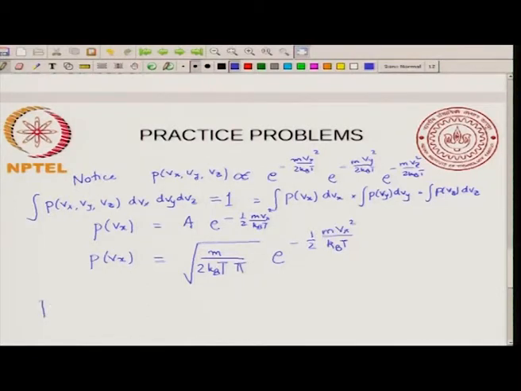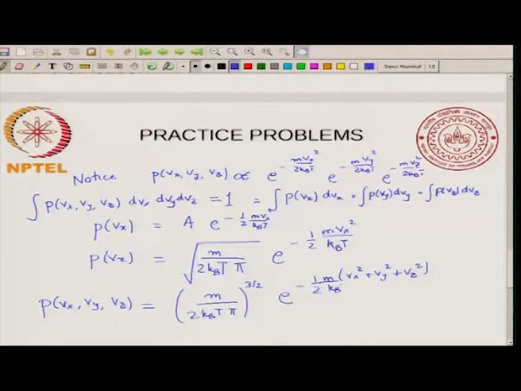So, I can write P of Vx, Vy, Vz is equal to m by 2 pi kBT raised to 3 by 2, because I will get a half power from each of them, times e to the minus half m (Vx square plus Vy square plus Vz square) divided by kBT. So, this is the normalized Maxwell-Boltzmann distribution of velocities.